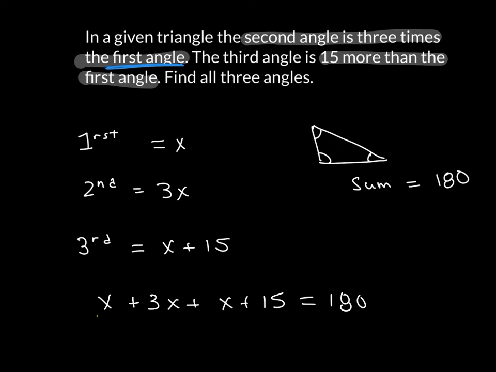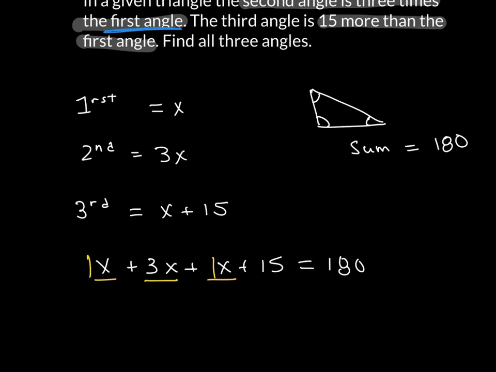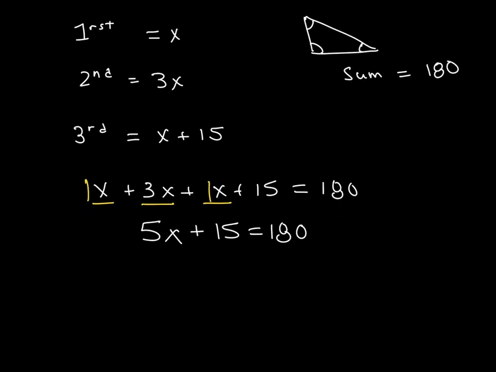Now with this, I want to add up all of my x's, understanding that the coefficient in front of both of those is 1. So that leaves me with 3, 4, 5x plus 15 is equal to 180. I want to subtract 15 from both sides of that equation, and I get 5x is equal to 165. Divide by 5, and I am left with x is equal to 33.